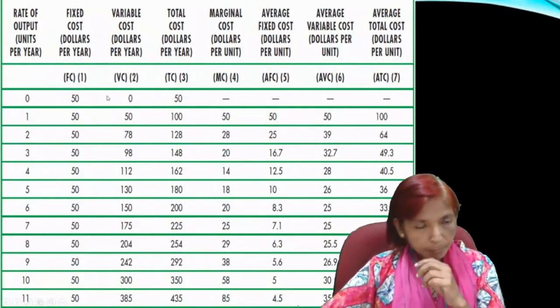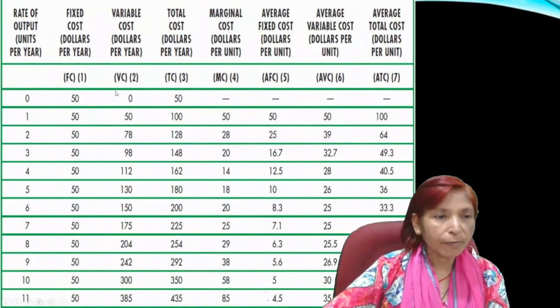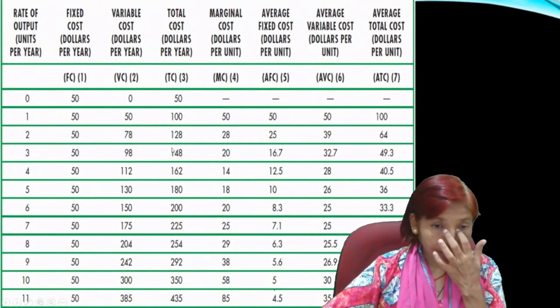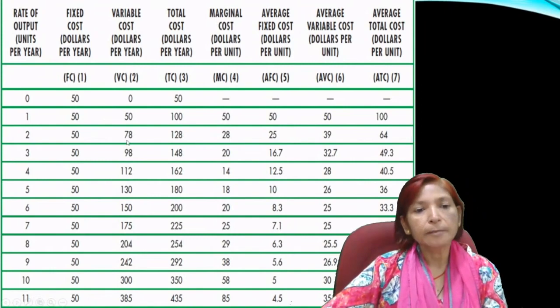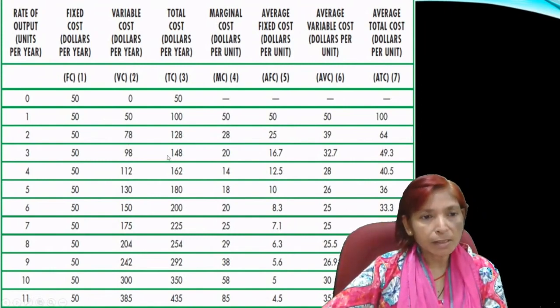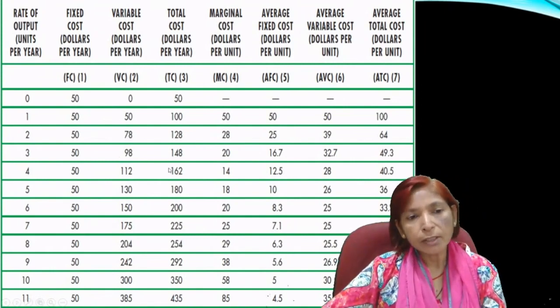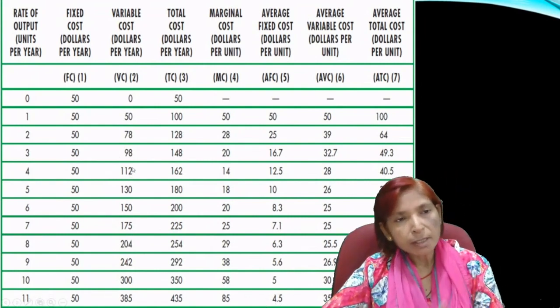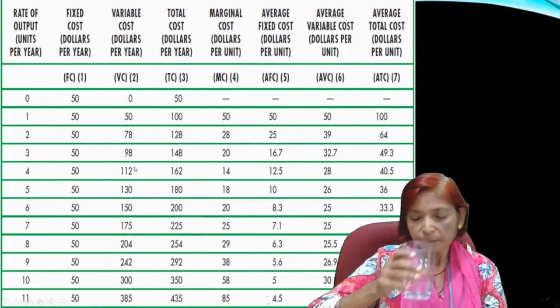Now here, 50 minus 50 is 0, then 100 minus 50 is 50, then 128 minus 50 is 78, 148 minus 50 is 98, 162 minus 50 is 112. So all these things we can estimate.